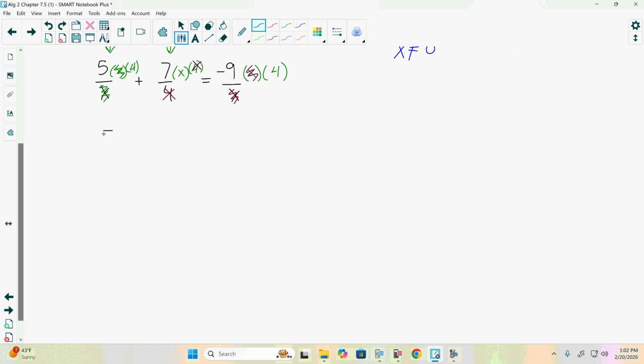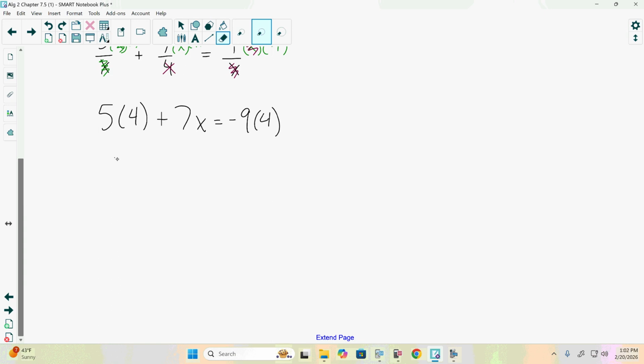And all we're left with now is 5 times 4 plus 7 times x, or well, 7x is equal to negative 9 times 4. Well, really, 5 times 4 is 20, plus 7x is equal to negative 36.